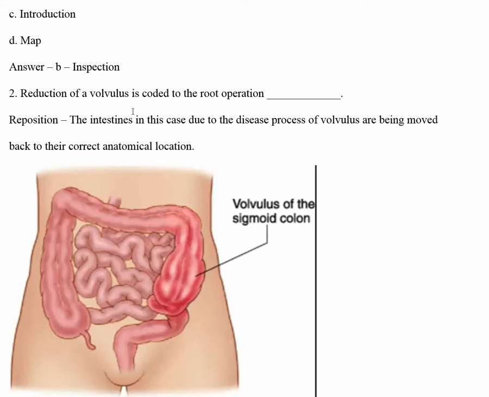For number 2, it is a fill in the blank. It's reduction of a volvulus is coded to the root operation blank. In this one, you have to understand what the volvulus is. You have to know what it means in terms of a definition. And it's a twisting of the intestine, making it come out of its normal anatomical location. So the root operation to put it back into its normal anatomical location would be reposition.